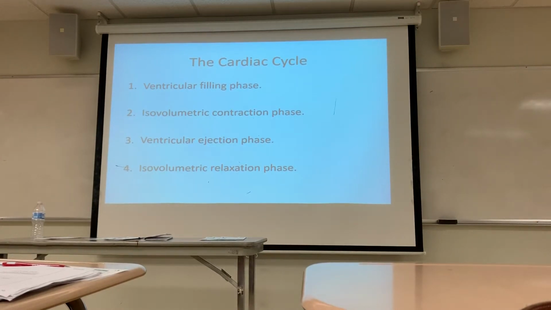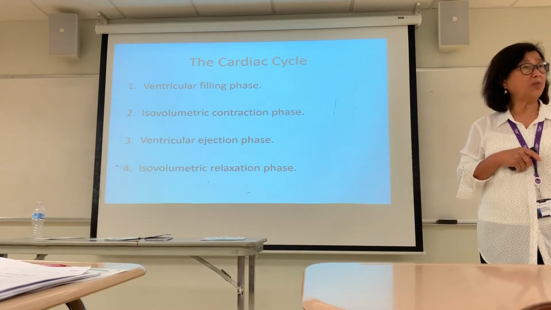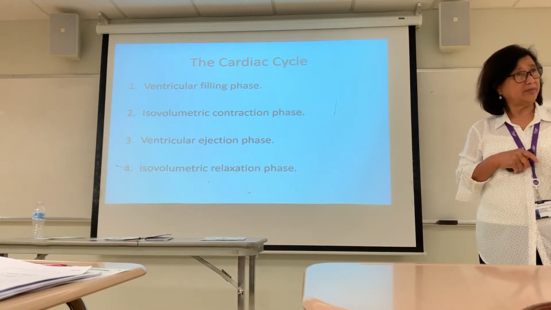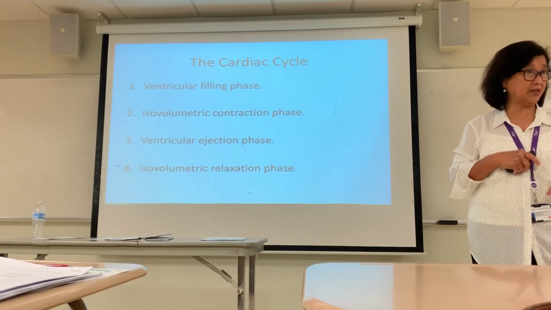Okay, here are the steps of the cardiac cycle. One, ventricular filling phase. What happens when there's ventricular filling? The AV valves open, the blood oozes to the ventricles. The ventricles are relaxed, right?